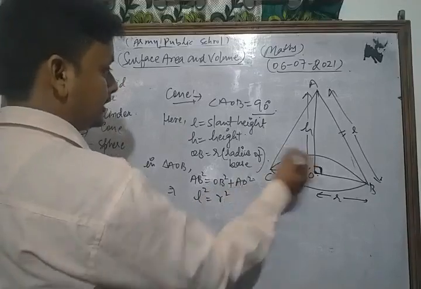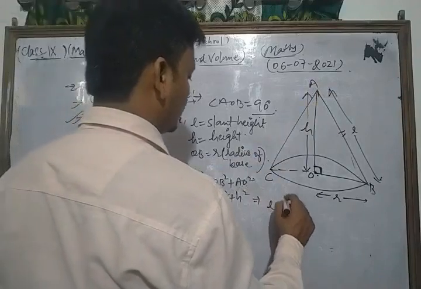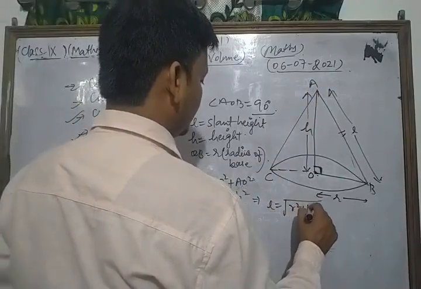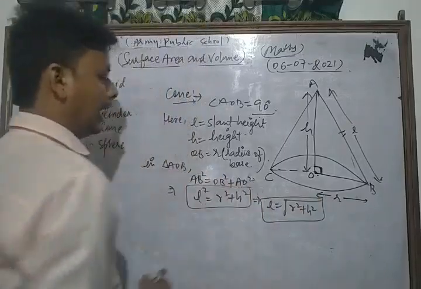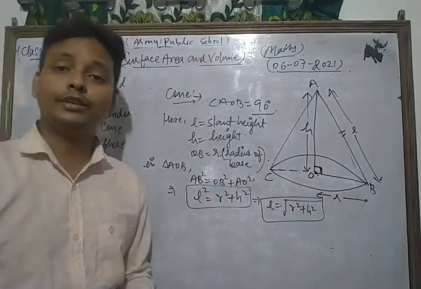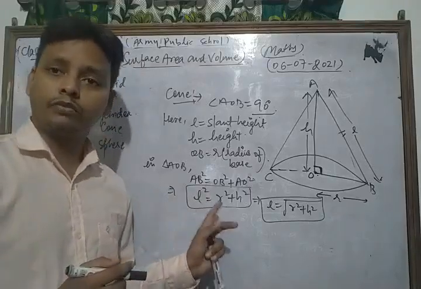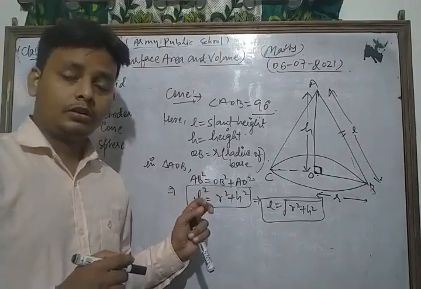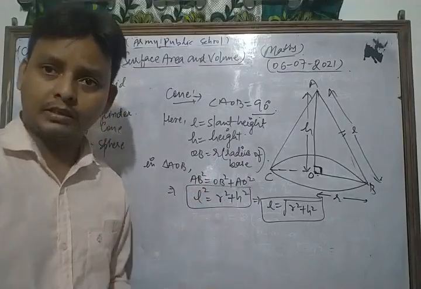R square, and this is what? H, perpendicular height, H square. So L is equal to under root R square plus H square. This is the very important relationship between height, slant height, and the radius of the cone. So please, it is very important for this chapter and your upcoming questions.